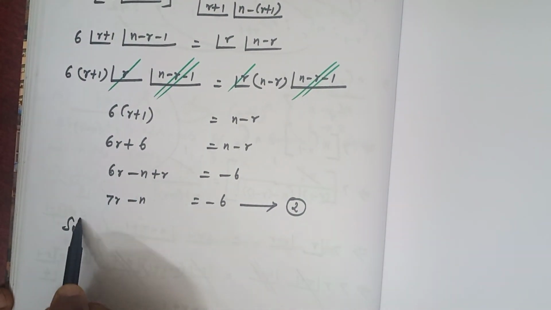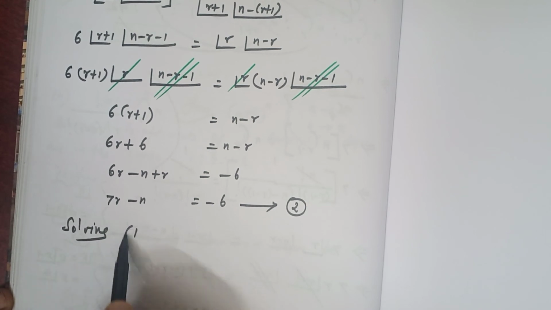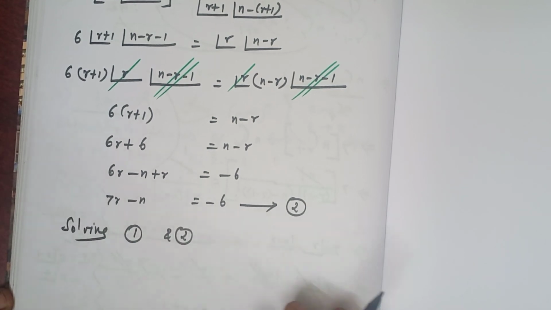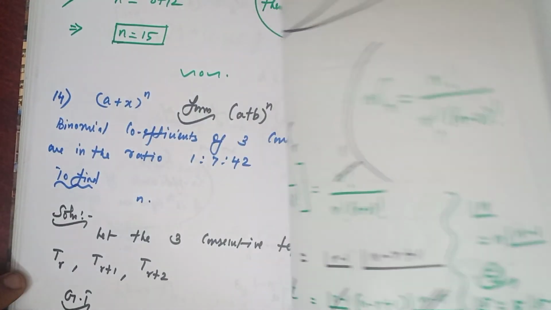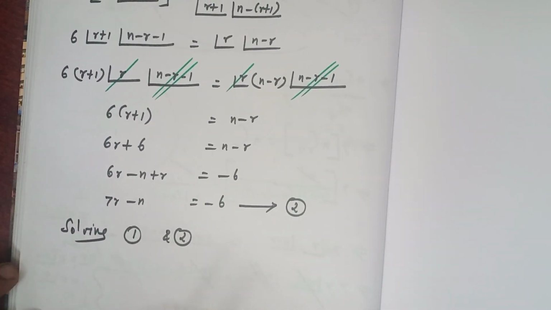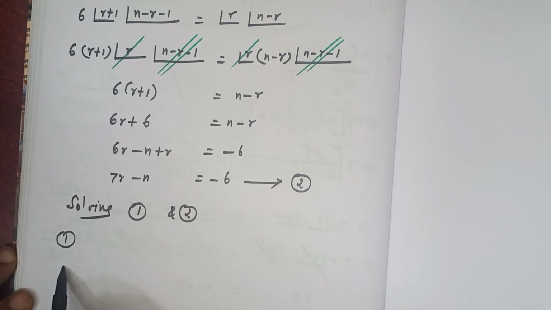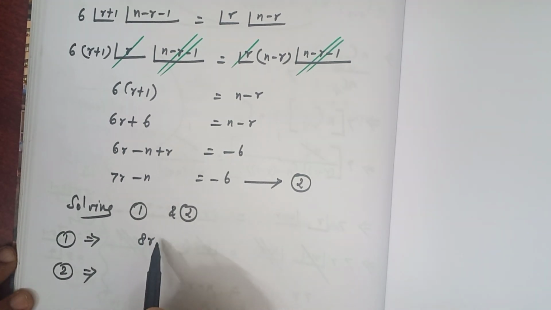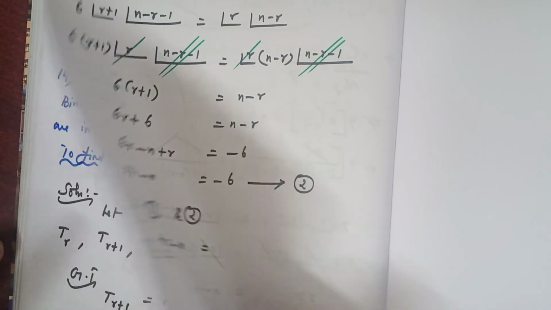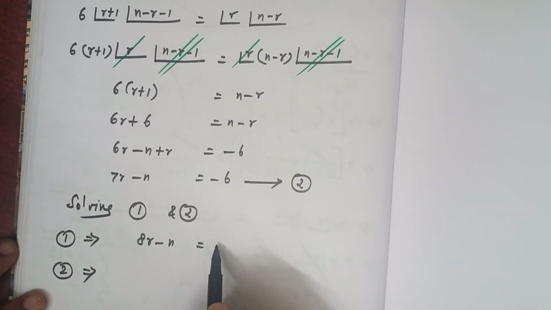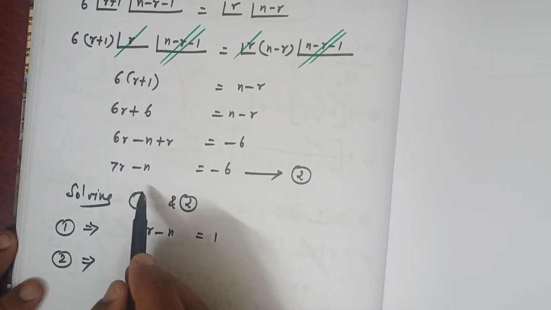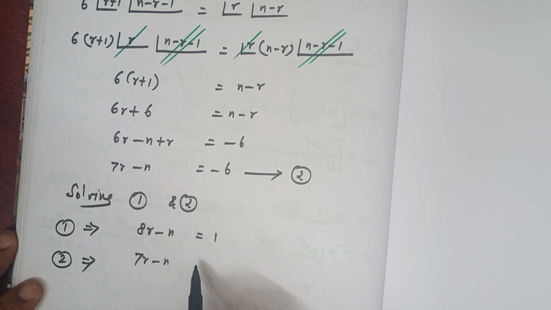Solving 1 and 2. Equation 1, we have 8r minus n, here 7r minus n. So equation 1 and 2 write as it is. Equation 1, 8r minus n, that is equal to 1. Equation 2, that is 7r minus n, that is equal to minus 6.